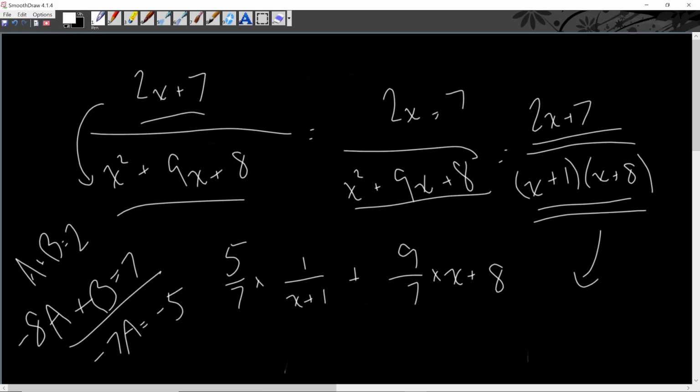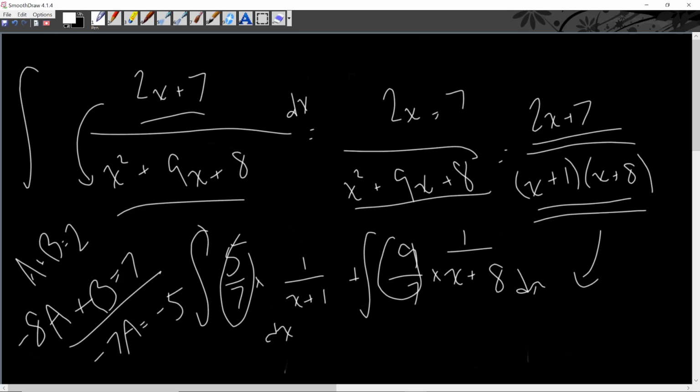So 9 over 7 times 1 over x plus 8. And we are going to try and integrate all of this with respect to x. And from here, 9 over 7 and 5 over 7, while they are fractions, they are also constants, so we can pull them out.